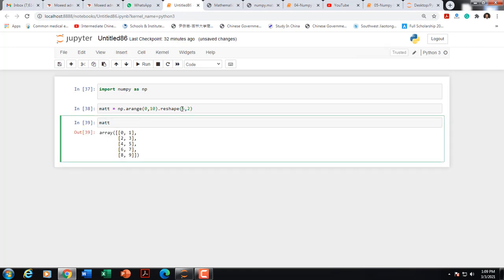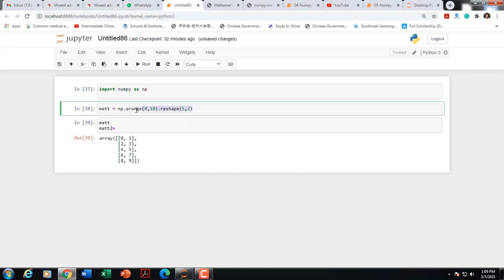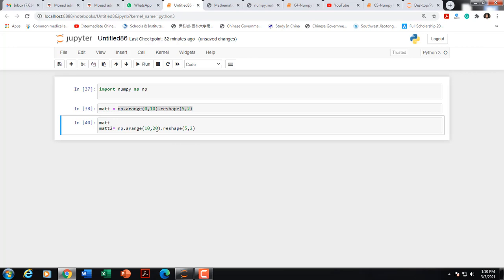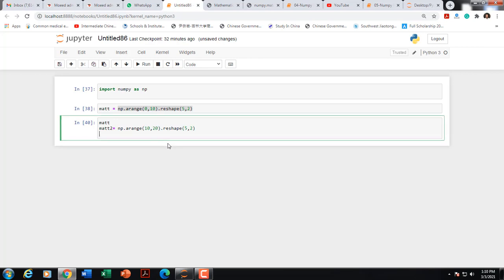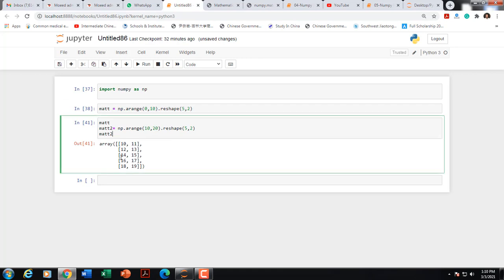It's a 5 cross 2 matrix by the name of mat, and I have another matrix by the name of mat2, which also happens to be a 5 cross 2 matrix, but it starts from 10 all the way to 20. Okay then, and let's run that. So I have two matrices, mat and mat2.